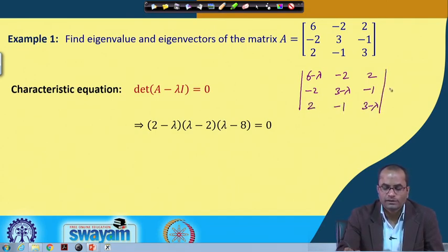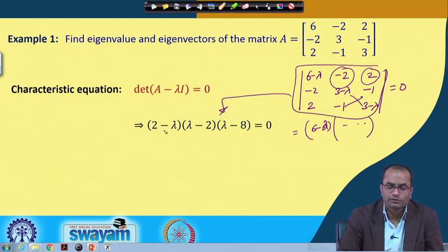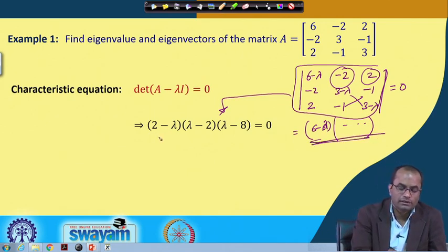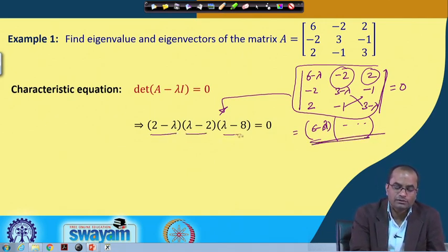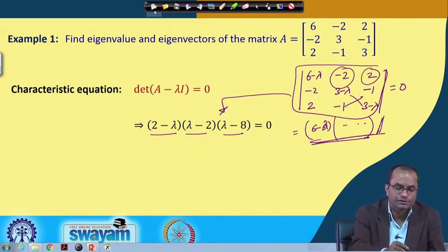So, lambda will be subtracted from the diagonal entries, and with this we can now expand it. When we factorize this polynomial, it comes out as 2 minus lambda, lambda minus 2 and lambda minus 8. I skip this portion here, because in this lecture that is not important; we have already seen it for several examples in the last lecture.